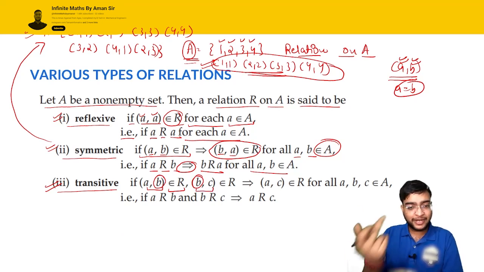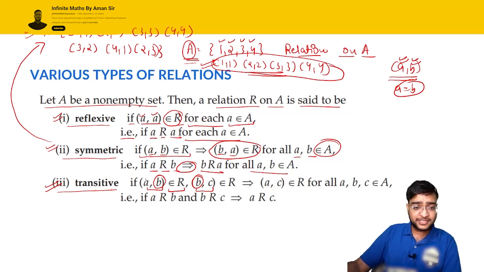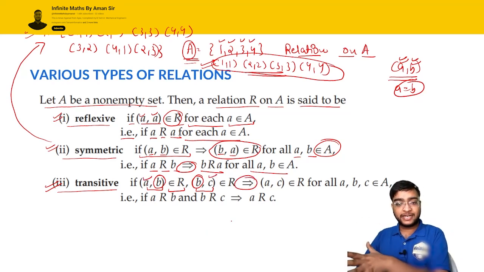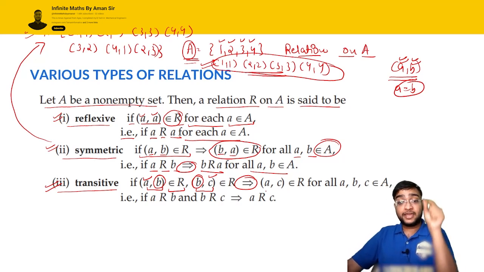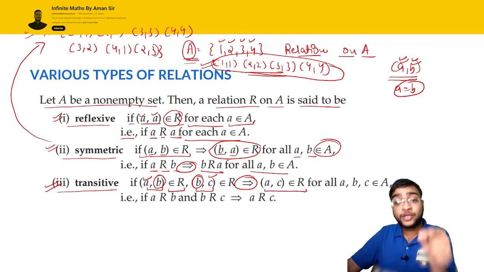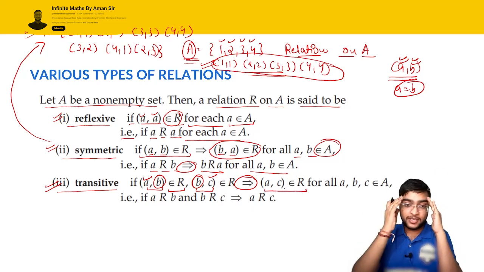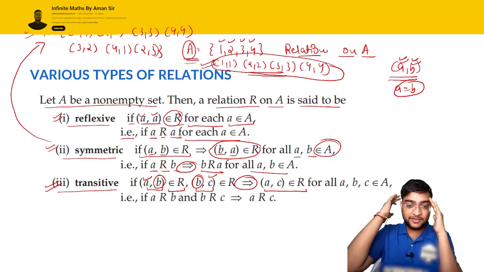For this we take this element and this element, and as the result I must say that (a, c) is also in my relation.